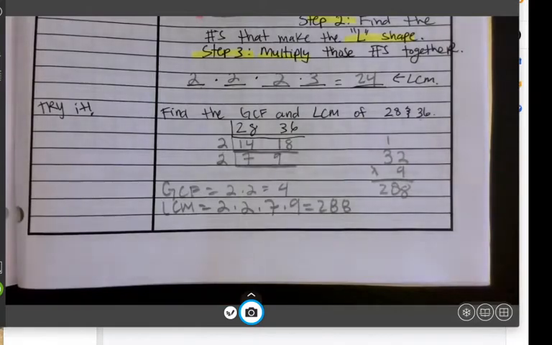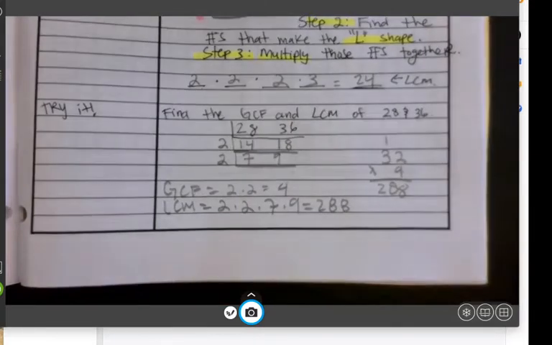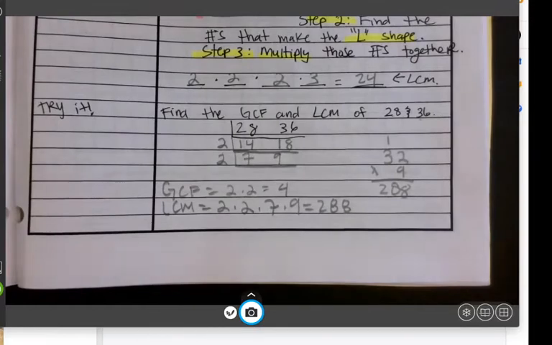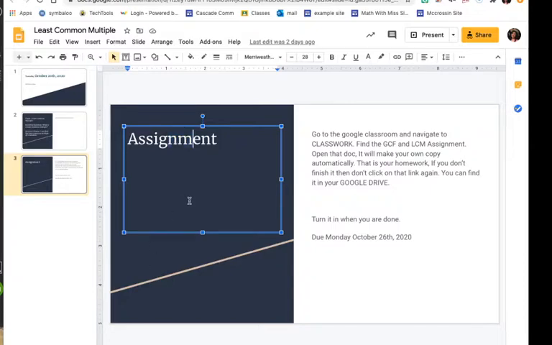That is all for notes today. The rest of the day, you'll be working on your assignment, which I hope will be really fun. It's something a little different. Here's how we find it. Go to the Google Classroom and navigate to classwork. Find the GCF and LCM assignment. Open the doc, and when you open it, it'll make a copy for you automatically.